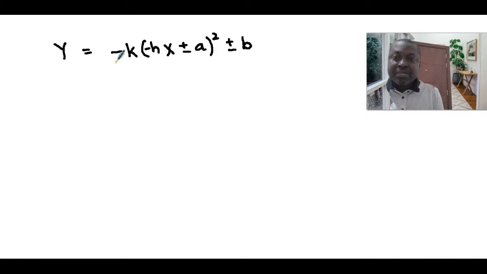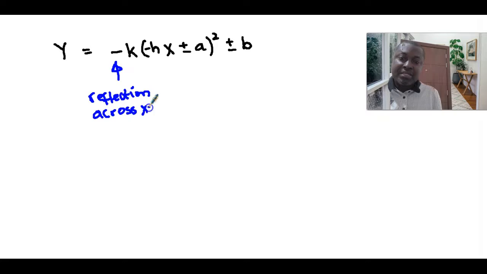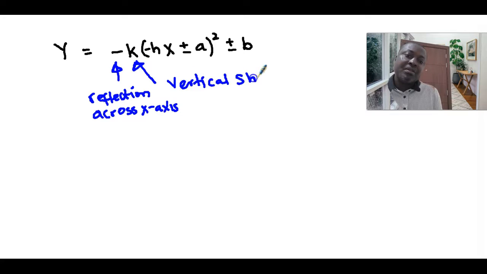So we are saying that when this negative is here, it flips, it's just a reflection across the x-axis. And this value here causes the vertical shift.